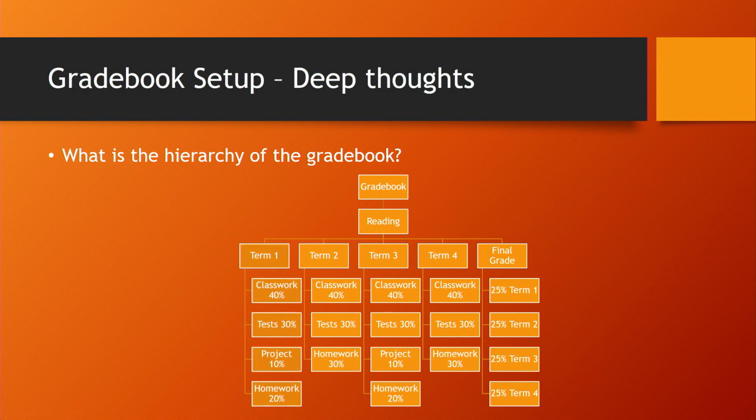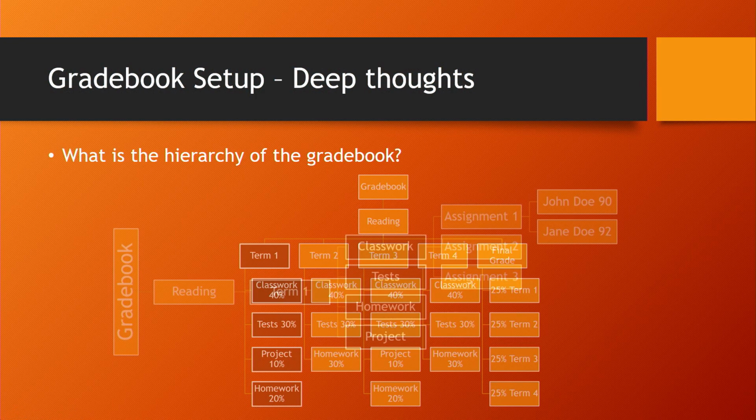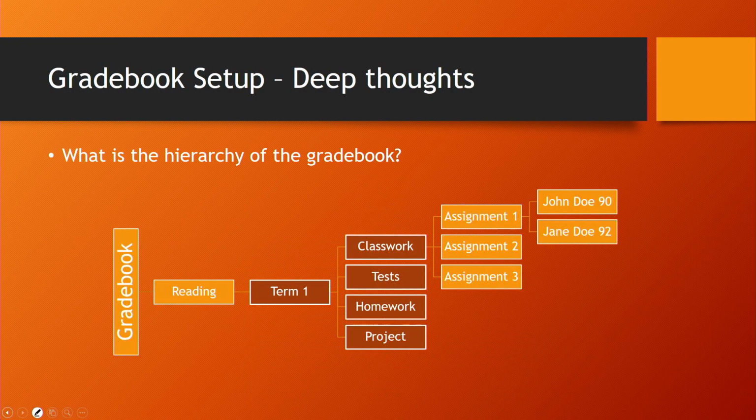Notice that each term has its own set of categories. So let's take a look a little deeper. If you look at term 1, you can see that I have 4 categories defined. I have classwork for 40%, tests for 30%, projects for 10%, and homework for 20%. Now if we drill a little deeper, notice that each category in turn has assignments: assignment 1, assignment 2, and assignment 3.